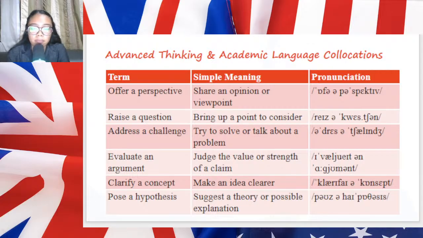Following offer is a schwa sound, a soft sound. Following that is perspective, which has three syllables. We stress the second syllable. The first syllable is per. It is pronounced softly. It rhymes with fur, but the first sound is the letter P sound.